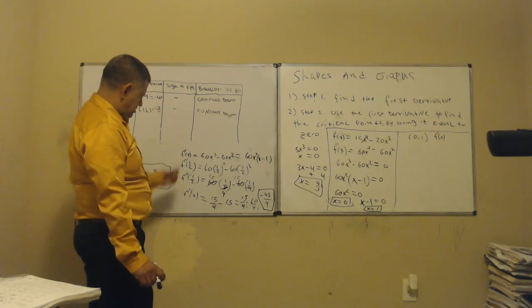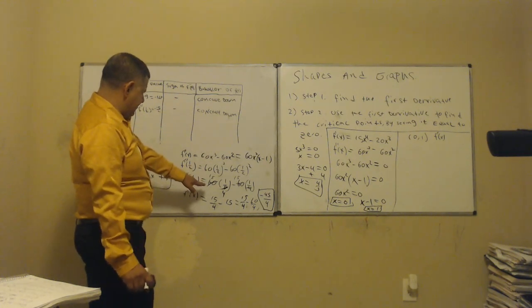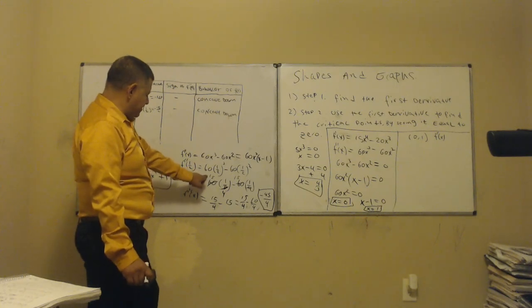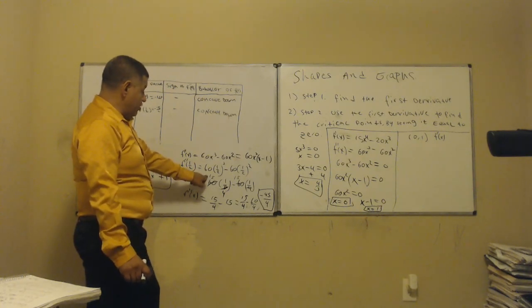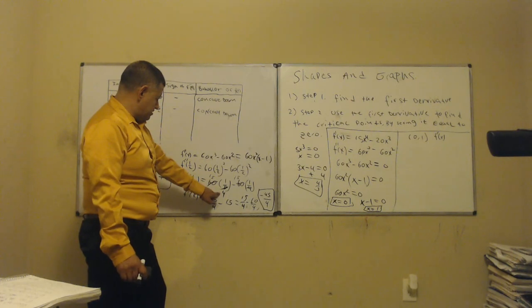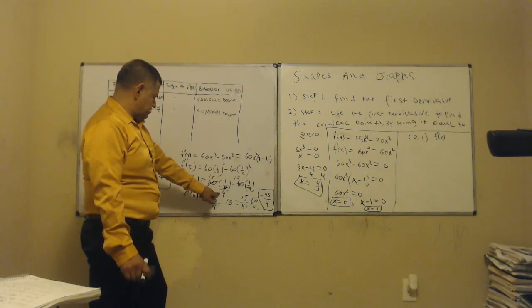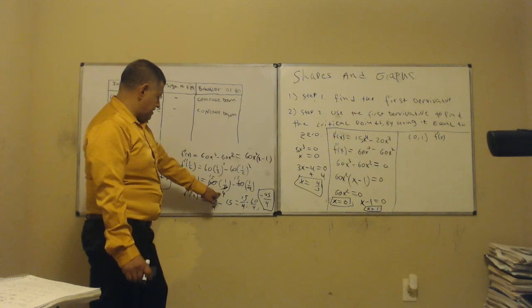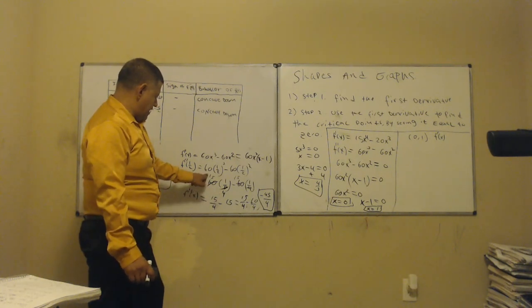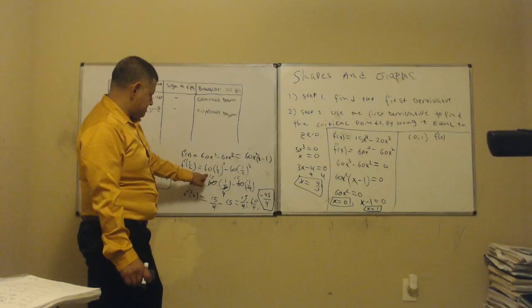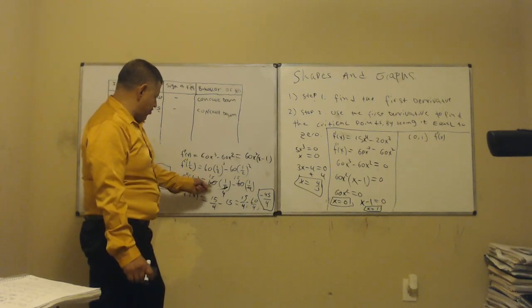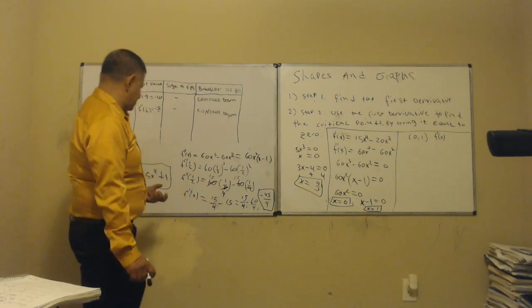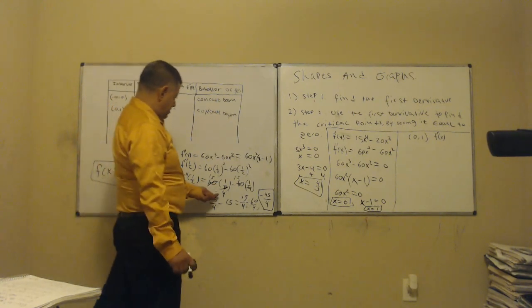Let's see. So if it's 15, the only number that goes over here is 30, right?